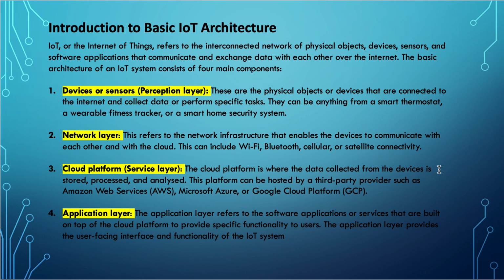hospital, power plant, nuclear power plant, to cruise ship, logistic ship, to an airplane, to an airport, to everything, a cloud platform will be the best option as a service layer. And you can see the examples which are given, right?